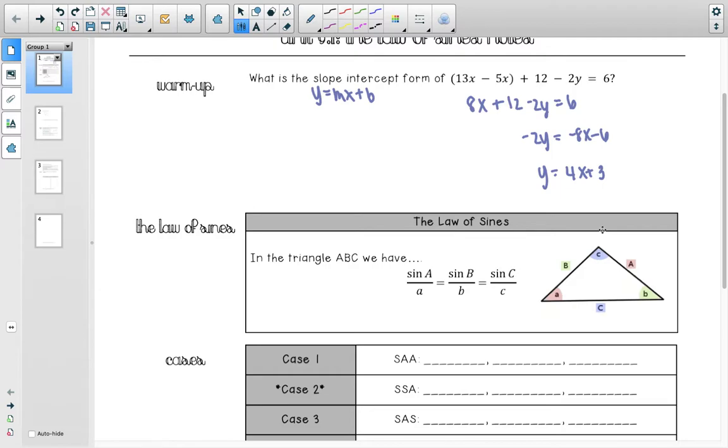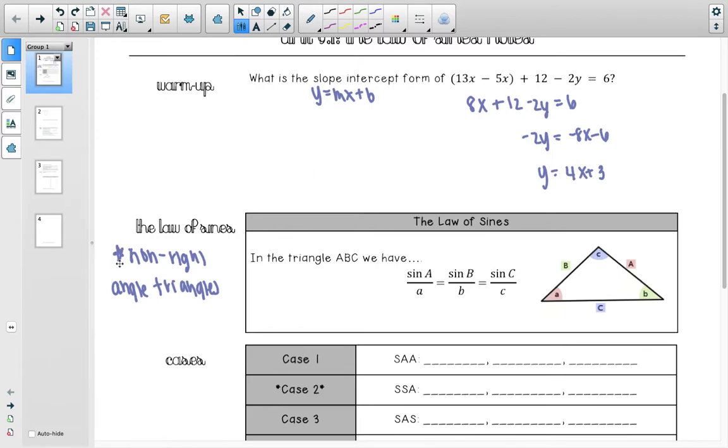So, law of sines. Law of sines are generally meant for non-right angle triangles. I didn't mean to write angles. Triangles. All right, you can use them for right triangles.